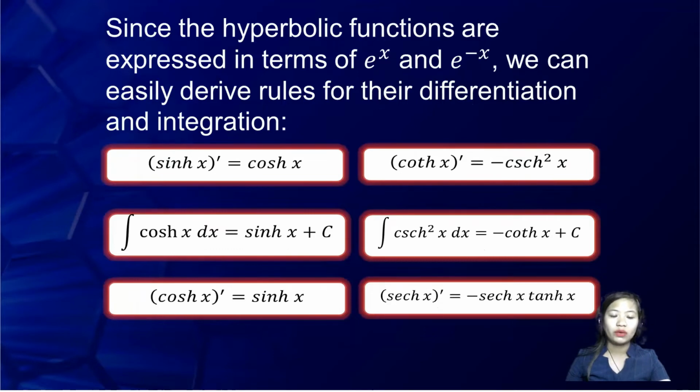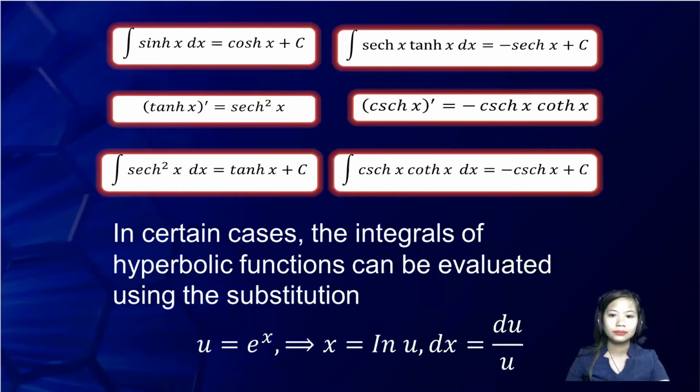The following: the derivative of hyperbolic sine x is equal to hyperbolic cosine x. We have the integral of hyperbolic cosine x dx. And we also have the derivatives of hyperbolic cosine, tangent, cotangent, cosecant, and secant. These are the other forms of the hyperbolic integration.